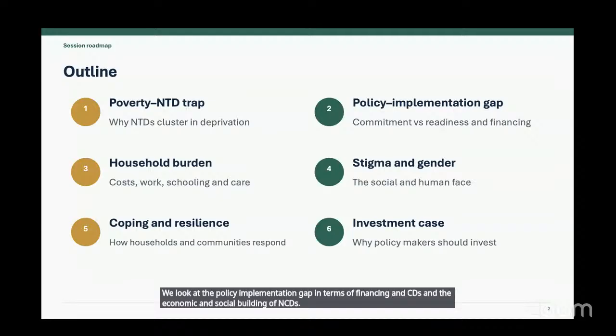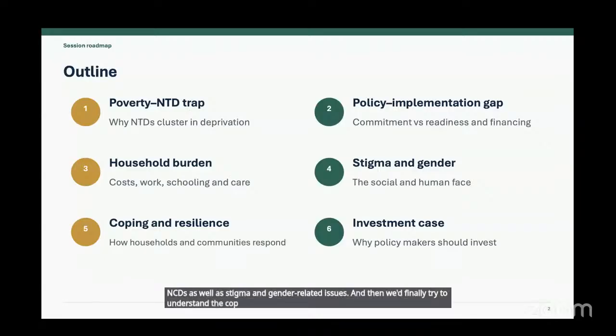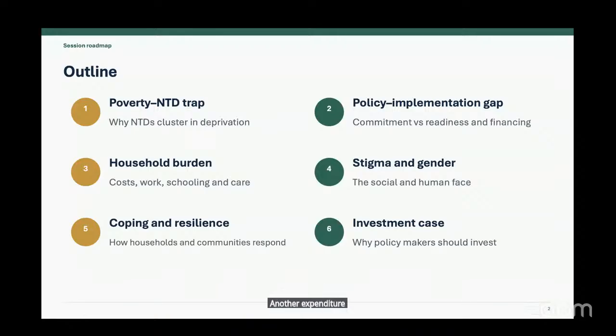We'll see some previous evidence, including some work we have done at KCCR on the economic burden of NTDs, as well as stigma and gender-related issues. And then we'll finally try to understand the coping and resilience strategies that households have used previously, and then make an economic call to investors to see NTDs not as another expenditure item, but rather an investment that could have significant returns if we do it the right way.